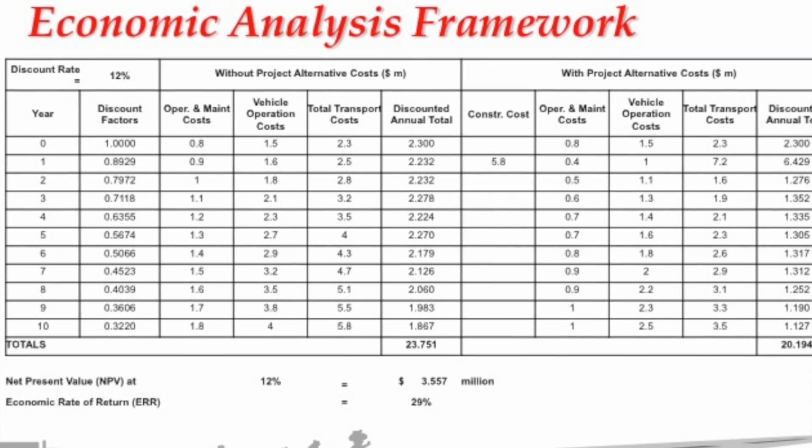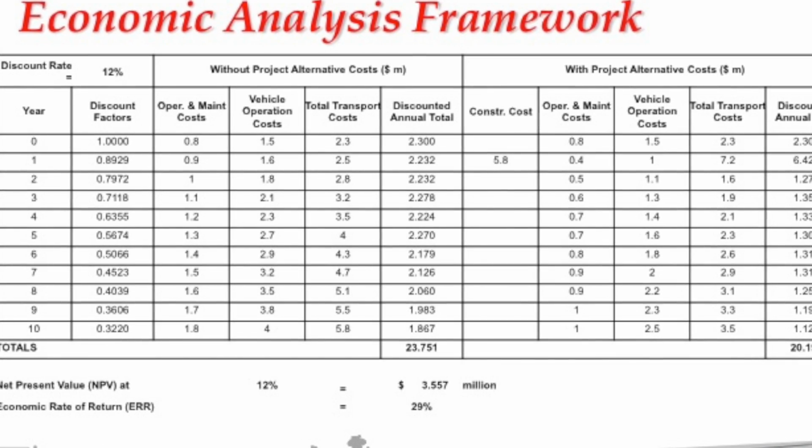Now, the key thing with roads, and this is quite different from other infrastructure projects, is that benefits are not estimated directly. Benefits are derived by comparing a without project case, which is our base case, usually the current road.